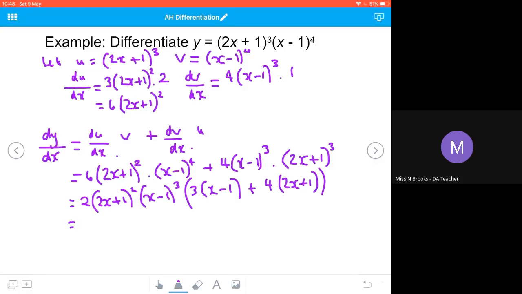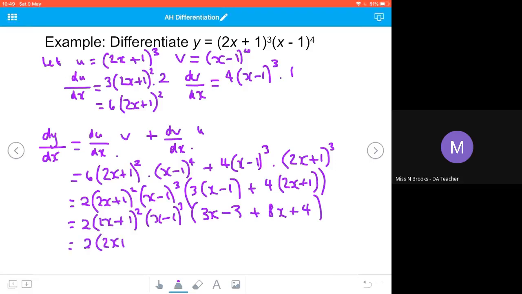So now I need to expand those brackets in that final bracket. So I've got 2 upon 2x plus 1 all squared multiplied by x minus 1 cubed, and I've got 3x minus 3 plus 8x plus 4. And that gives me 2 upon 2x plus 1 all squared upon x minus 1 cubed upon 11x plus 1.